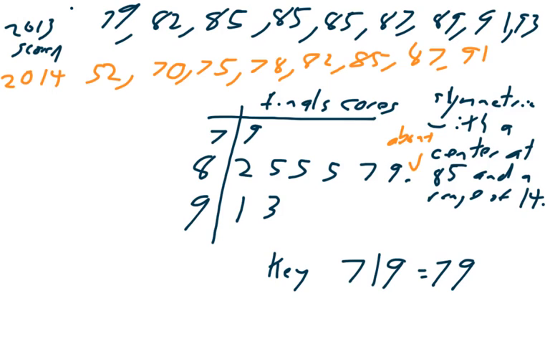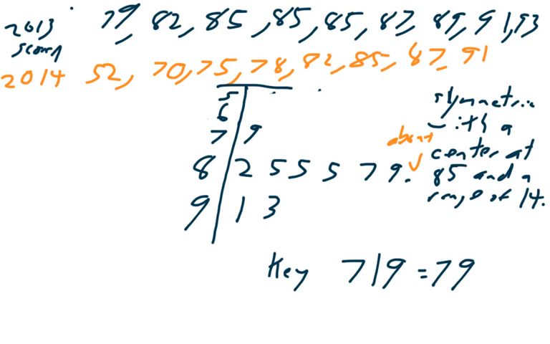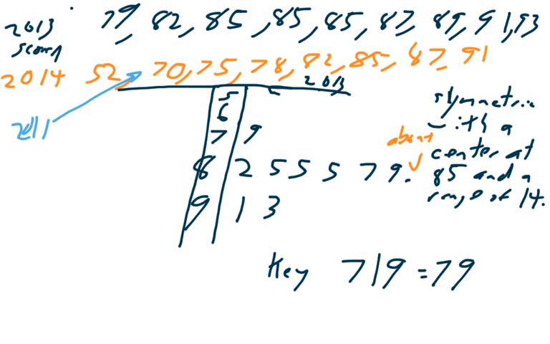If I wanted to add in 2014 scores, I need to raise this up a little bit. So that's 6 and that's 5. And so, as over here is the 2013, I'm going to come over here and do this as, and I'll just write 2014 over here on the other side.